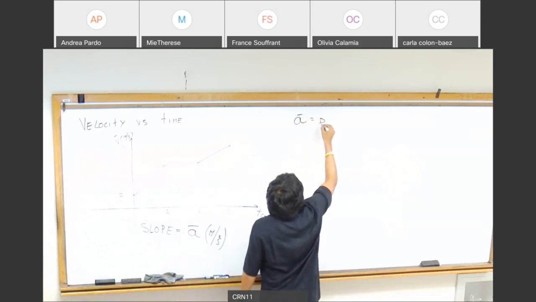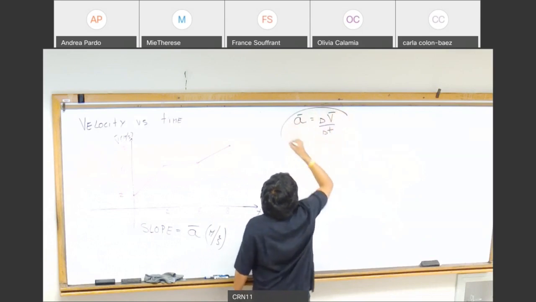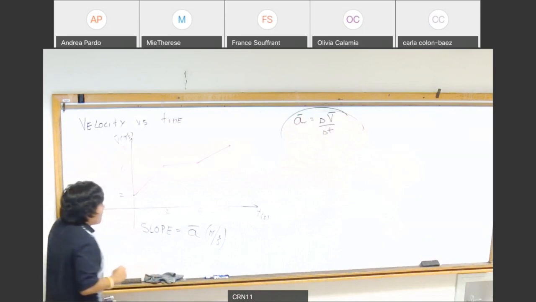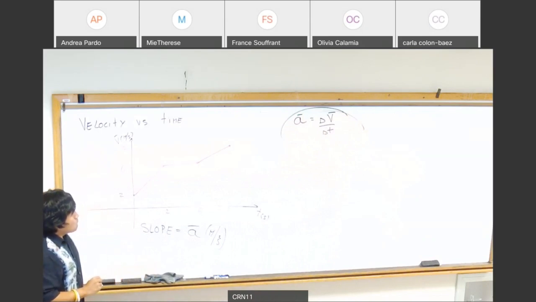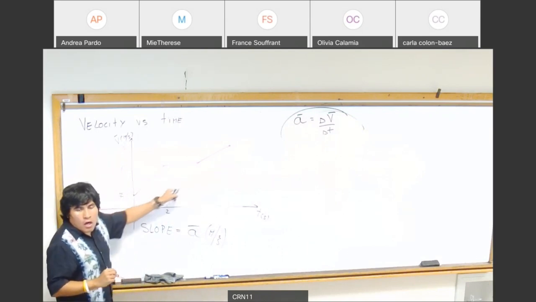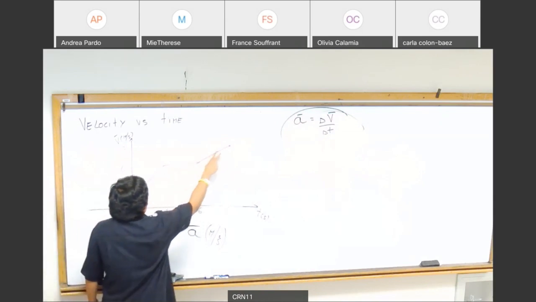That was the change of velocity per time, right? Now, I can get the acceleration in the whole trajectory, but normally we care about each section.